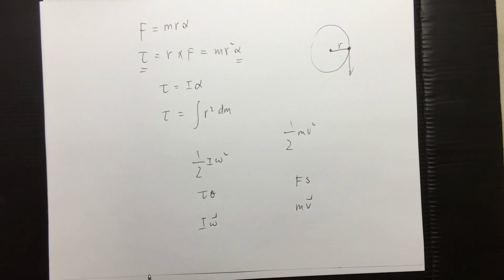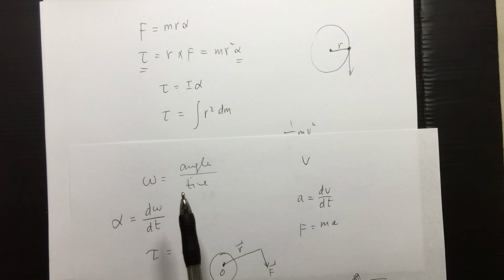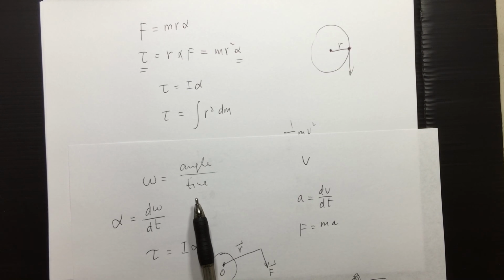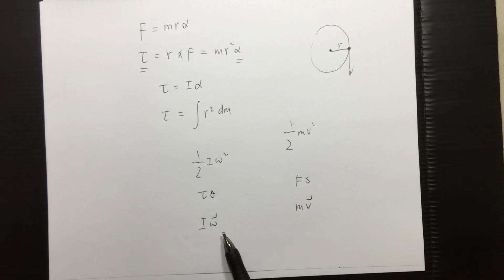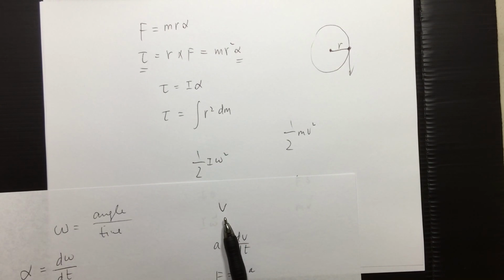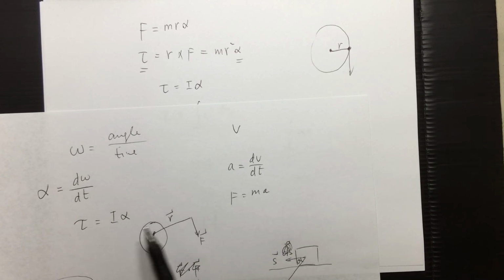It's just the velocity. You mean the omega? Omega is angle per time. For a certain amount of time, how much angle do you cross? That corresponds to velocity. And this inertia corresponds to mass.